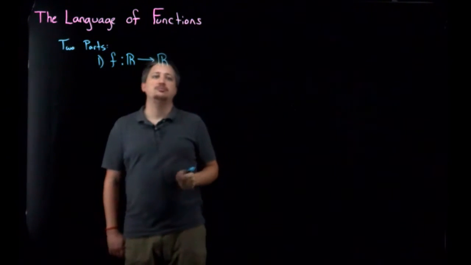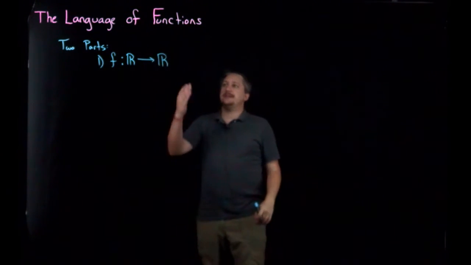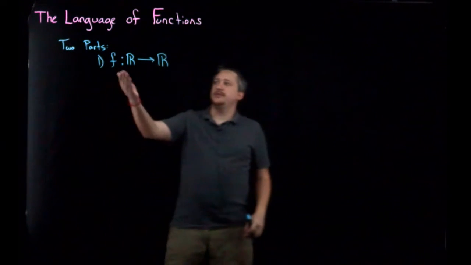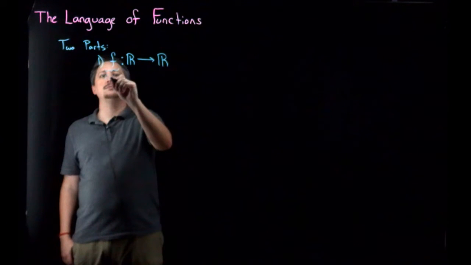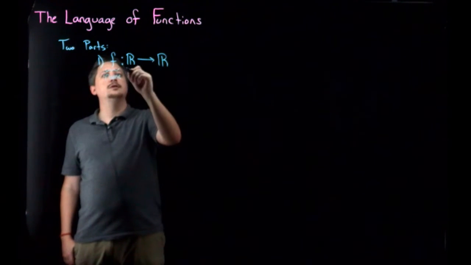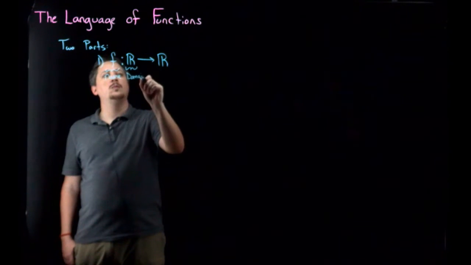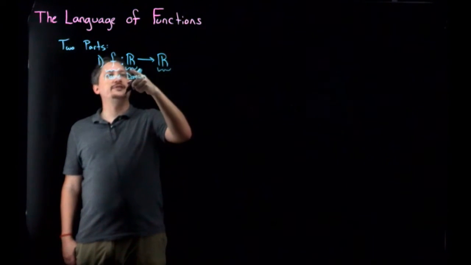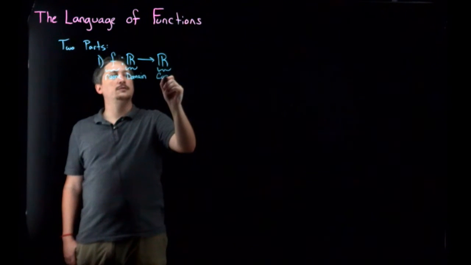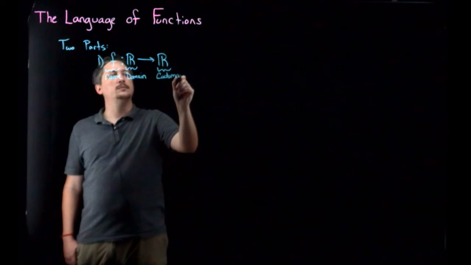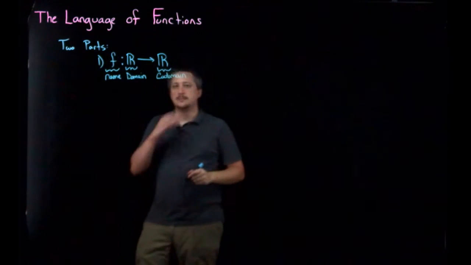Again, commonly we use R. So this tells me that we're looking at a function. That function is named f. This is the name. This is the domain. And it's taking things from the domain into the codomain.